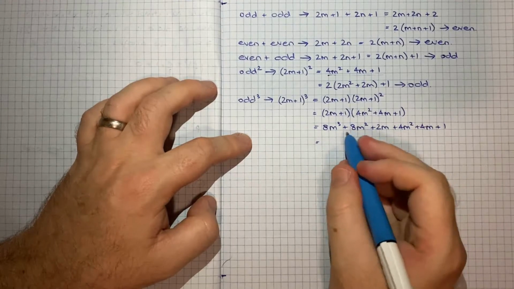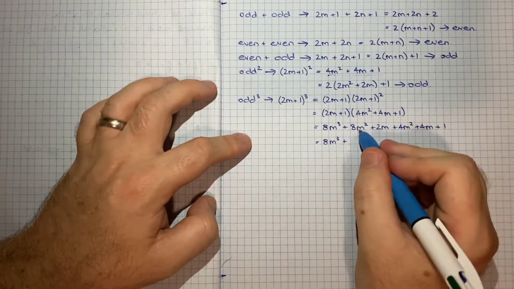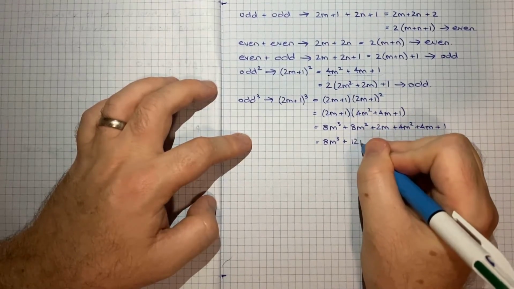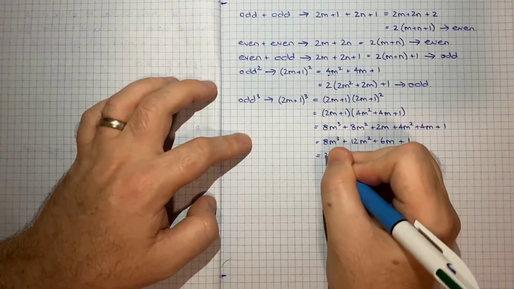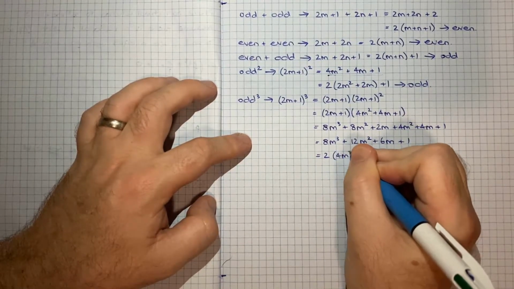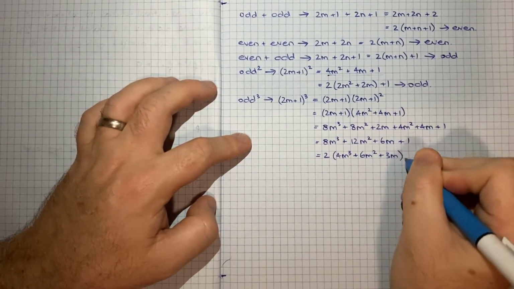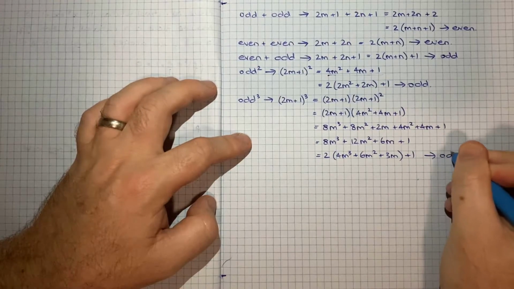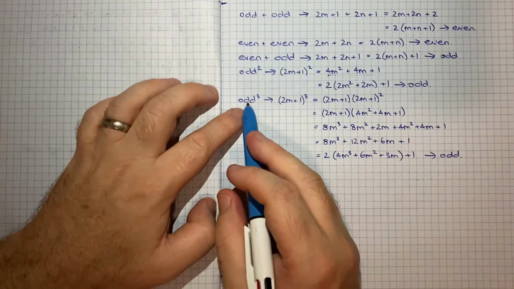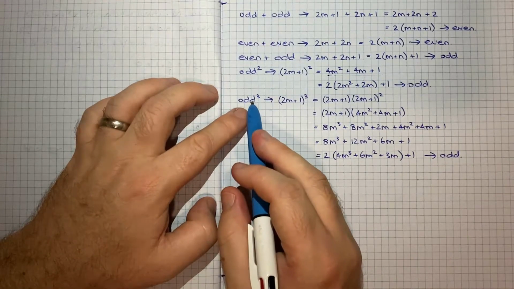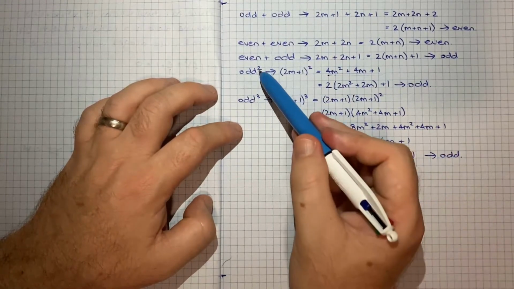So that would be 8m cubed plus 12m squared plus 6m plus 1. I could write that as 2 times (4m cubed plus 6m squared plus 3m) plus 1. So that's odd. 2 times something plus 1, that's the format of an odd number. So an odd number cubed results in an odd number still.